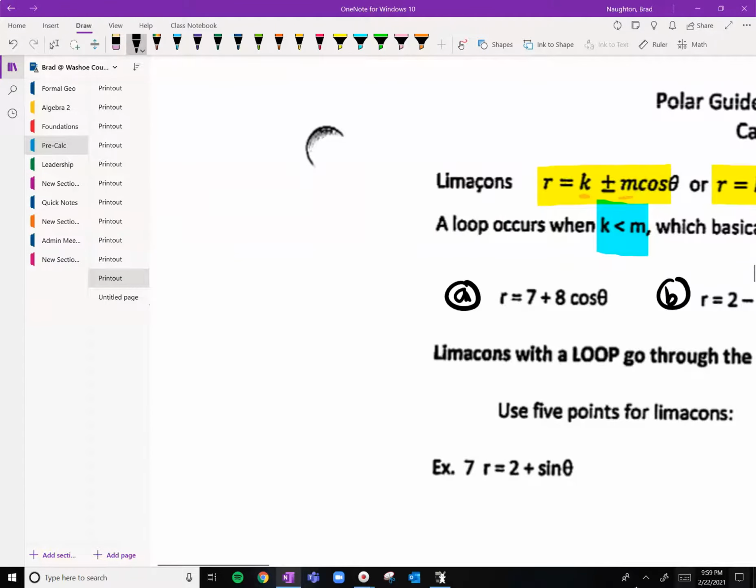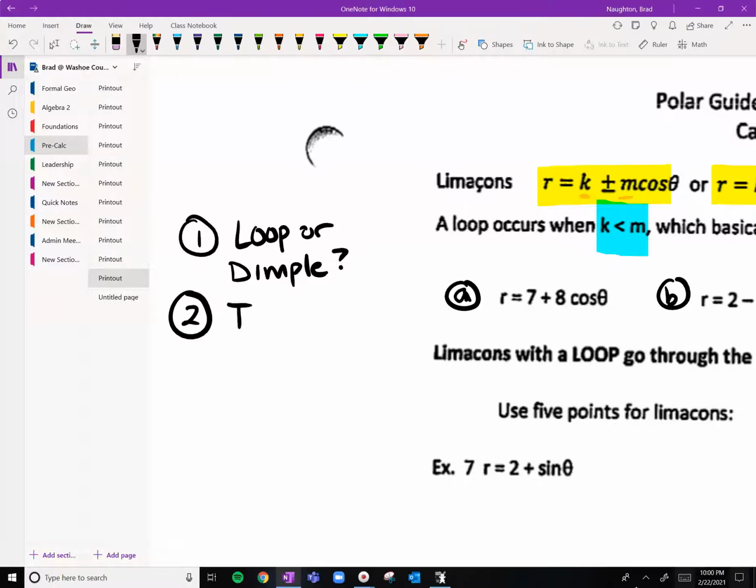What I want to know is, step one, is it going to be a loop or is it going to be a dimple? That's the first question we are going to ask ourselves so we know basically what the graph should look like. The second thing I want us to know is, where is the tip pointing? Where's the tip of my heart going to go?